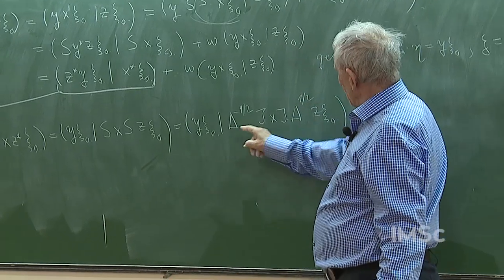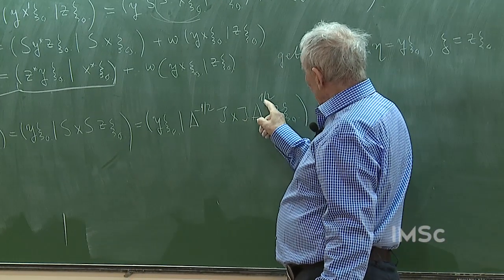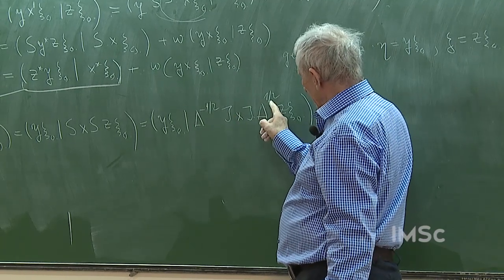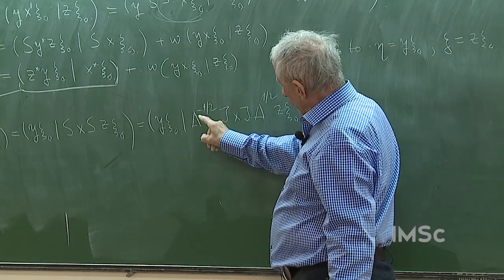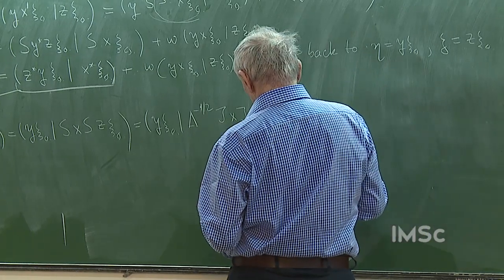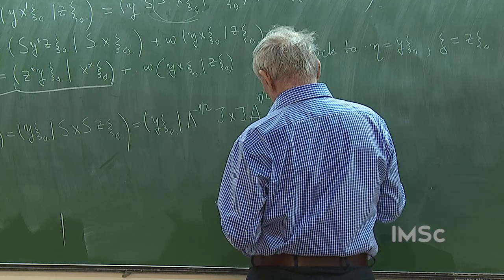Because S is equal to j delta minus 1/2, or delta power minus 1/2 j. Okay, I got in this thing.